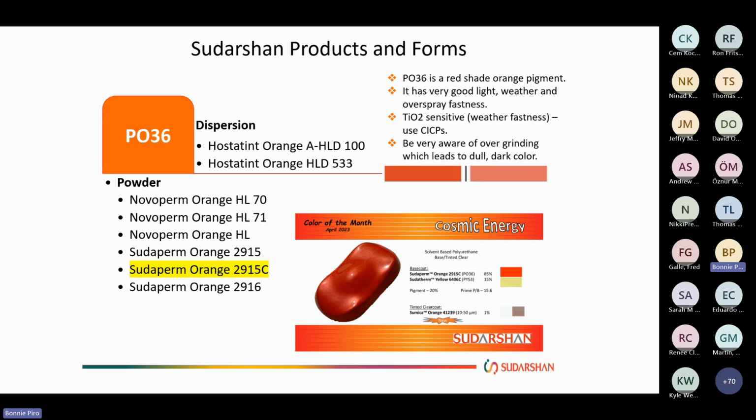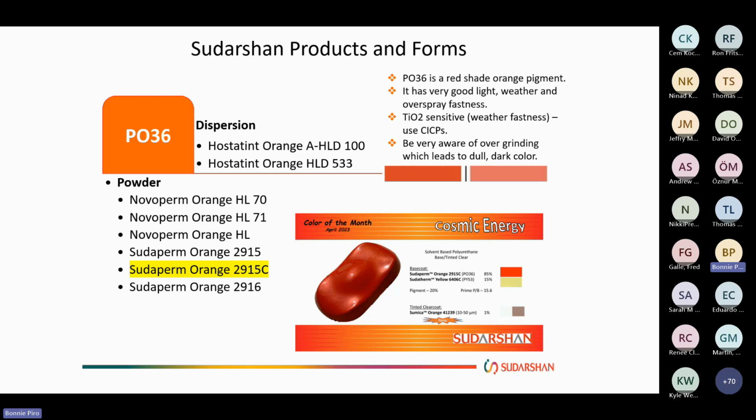Orange 36 is the workhorse orange on the coating side. This is a very red shade pigment with great weather fastness. It is, like the Orange 64, sensitive to the TiO2. So we typically recommend using a CICP like a Pigment Yellow 53 to get that opacity, get the heat stability, get the weather stability, without getting away from the color space you're looking for.